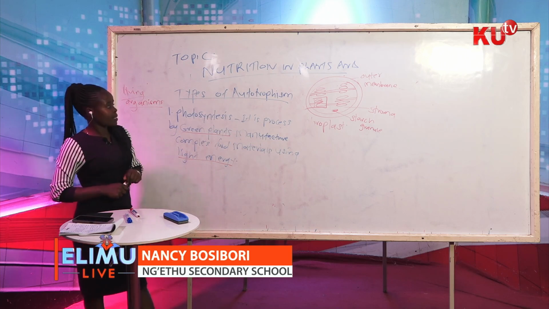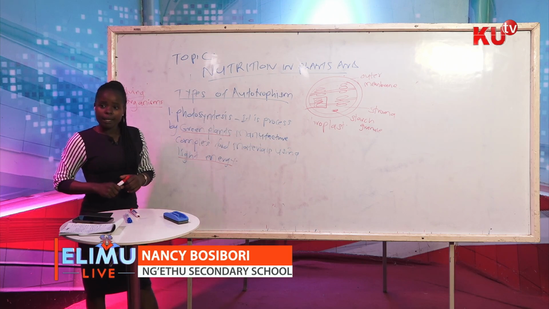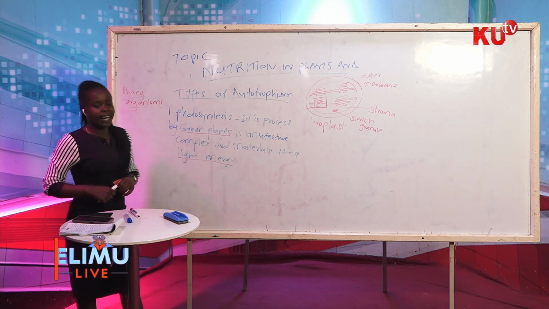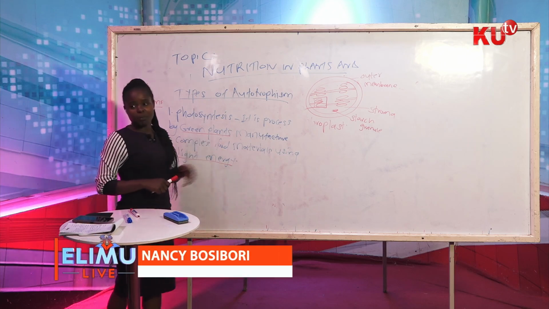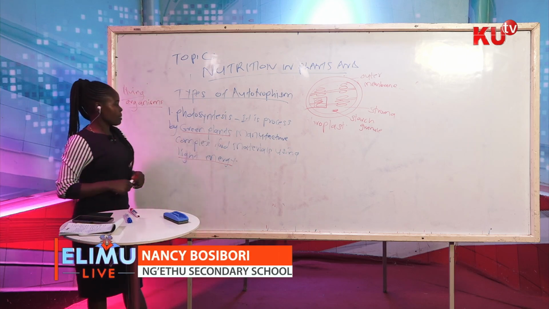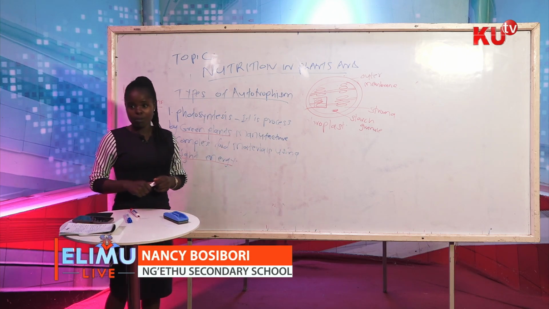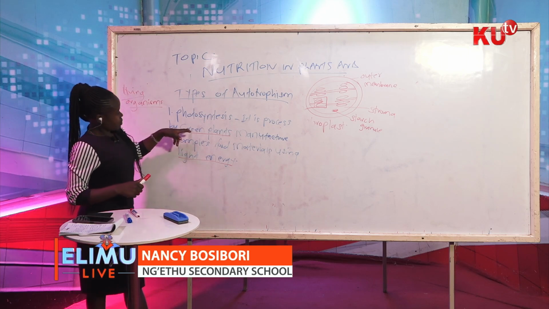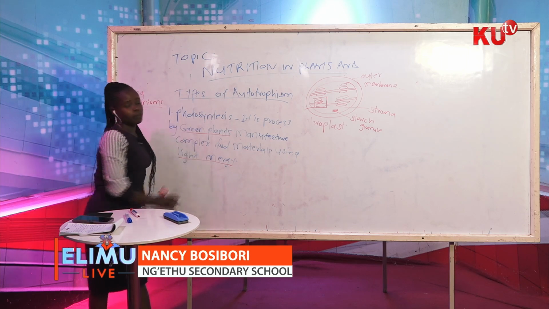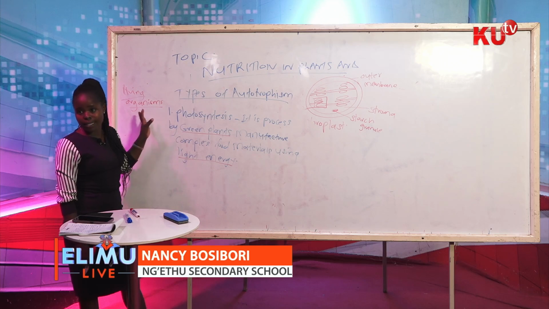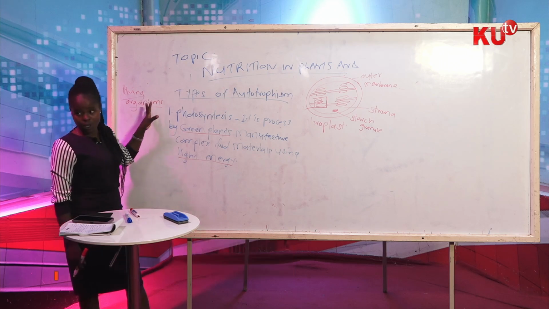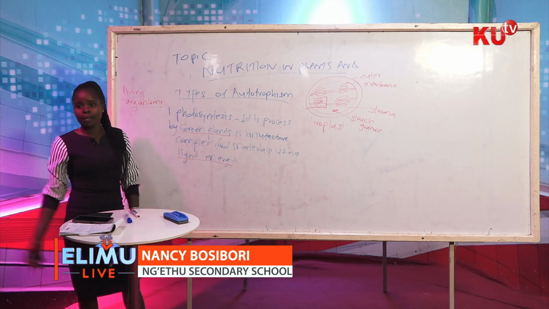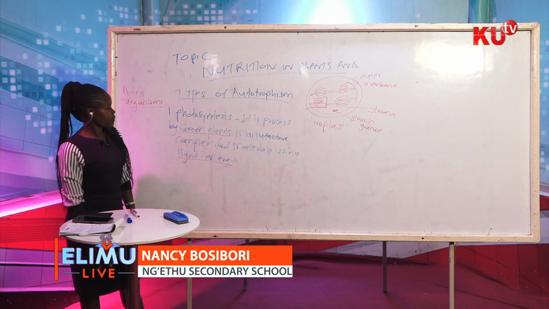So you will see that the green plants belong to kingdom Plantae, while the algae belong to kingdom Monera, and the bacteria belong to kingdom Monera, the same. So in photosynthesis it comprises only the green plants, while in autotrophism it comprises all of what? All of the organisms, the kingdom Plantae and also the kingdom Monera.